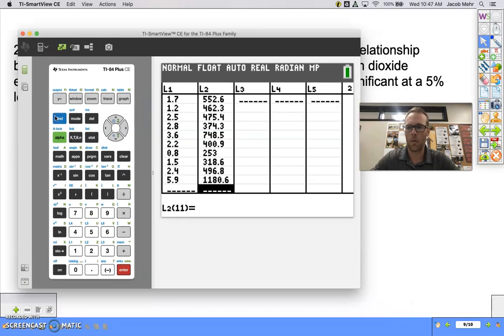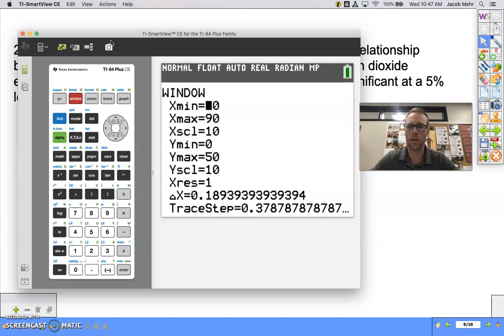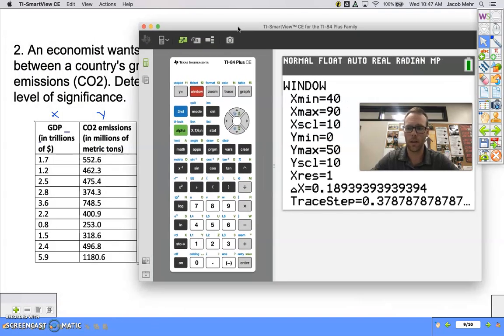Now, our plot 1 should still be on, right? If I go into Y equals, our plot 1 is still on, which still had a list 1 and list 2 set up, so that's good. What I'm interested in here is changing the window, and our GDPs are small numbers. Now, they're not really small numbers because this is in trillions of dollars, but in trillions of dollars, they're small numbers. Let's go 0 up to 7.